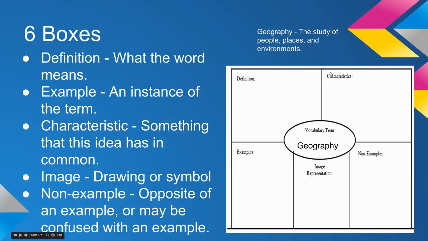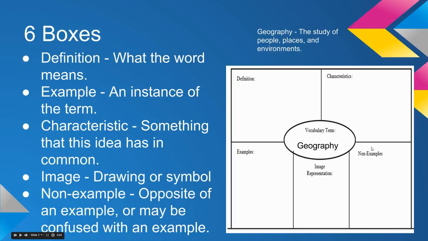Then you'll also have to include a characteristic. And a characteristic is just something that is common to all things that have this essential idea or concept. A non-example is the opposite of an example, or it's something that we might confuse with an example.